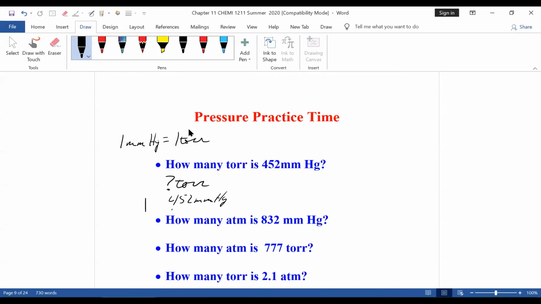One millimeter of mercury is equal to 1 torr, and also 760 millimeters of mercury equals 760 torr equals 1 atmosphere, ATM. So here, this is a simple one, but I'll still use unit analysis.